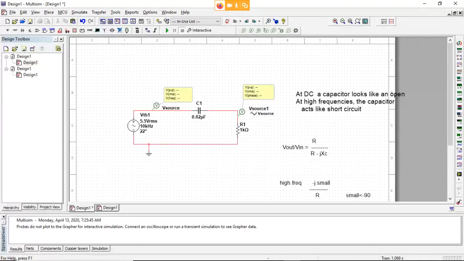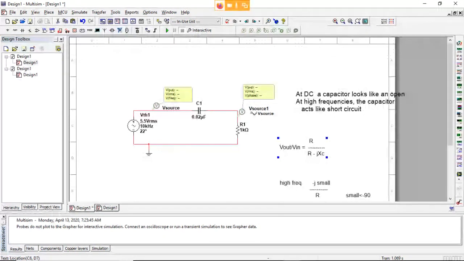You're looking at this voltage divider, right? A lot of times when we're talking about systems, they call this a transfer function. You're talking about how much of the input is transferred to the output. That's where the term transfer function comes from. But what it really is, is a voltage divider circuit.